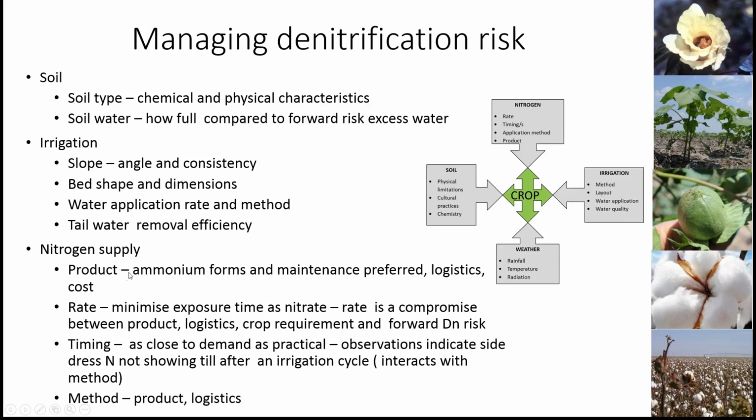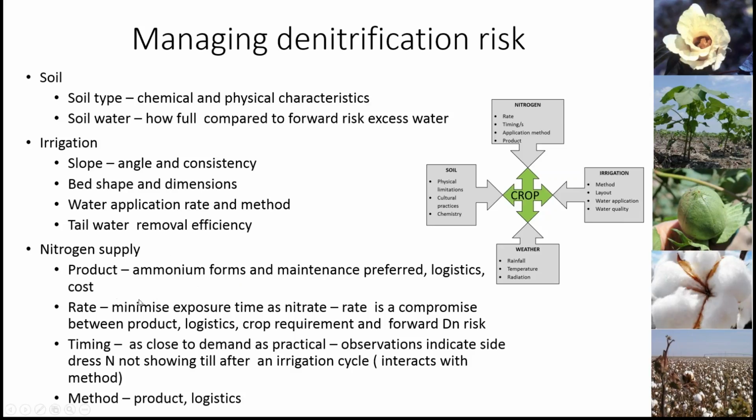So products that maintain in the ammonium form are not at risk of loss. So adding nitrification inhibitors comes into there, of maintaining things in ammonium forms. The rate, we can avoid having large rates out there exposed for losses by split applying it or changing the application timing.